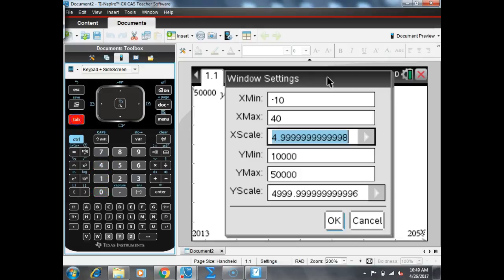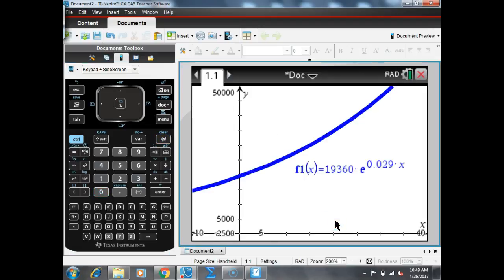We'll still go by 5s. Y-min? That's fine. No offense, I'm going to go -2500. I like to see my axes. I'm crazy like that. Oops, I went 50,000 there. I only want to go 5,000. So there it is. I like it.